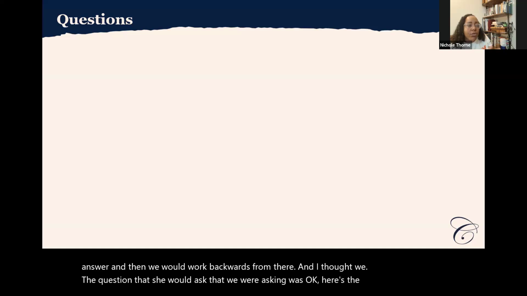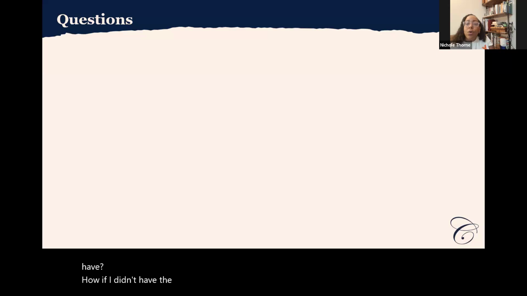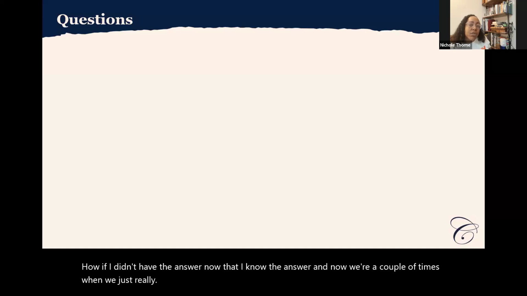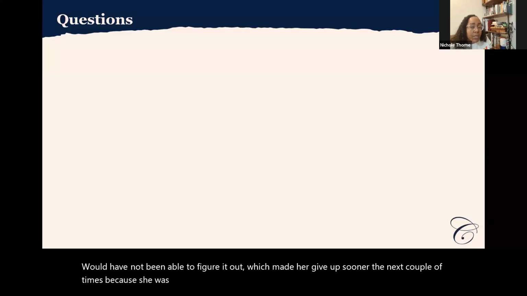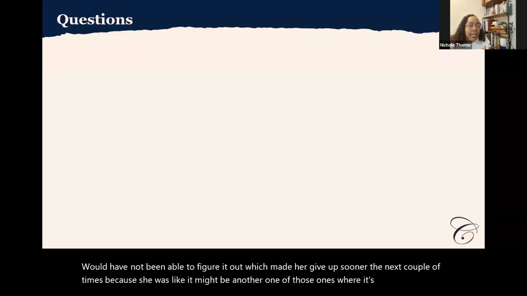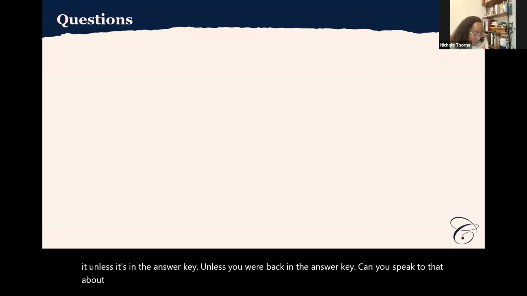How would I have figured this out if I didn't have the answer key, now that I know the answer? And there were a couple of times where we just would not have been able to figure it out, which made her give up sooner the next couple of times, because she was like, it might be another one of those ones where you can't do it unless you work back from the answer key. Can you speak to that?